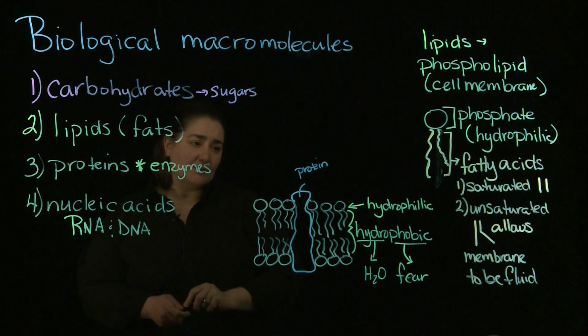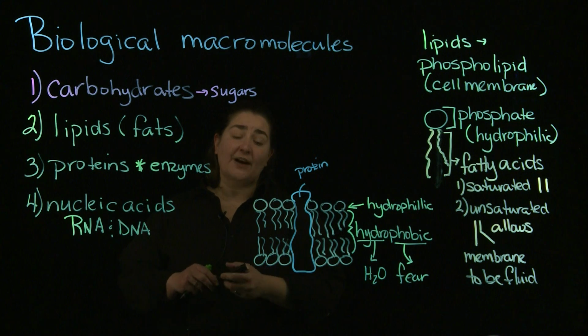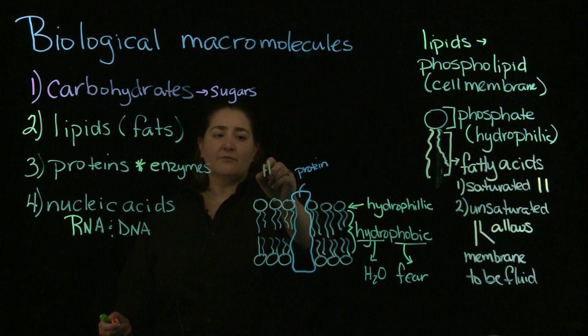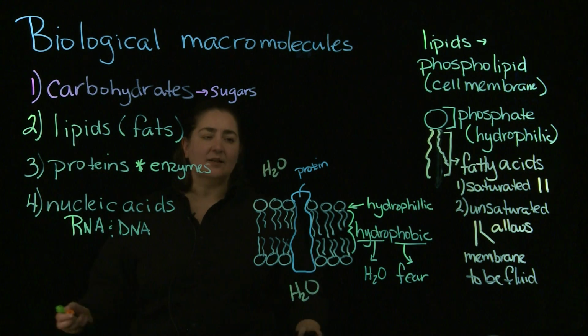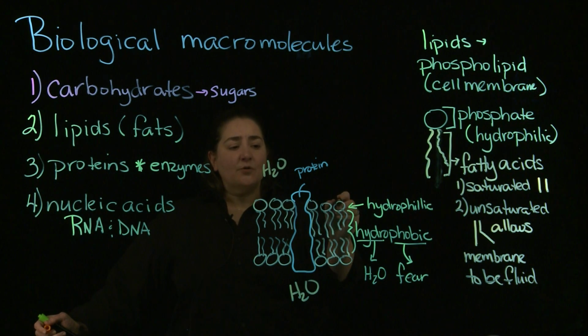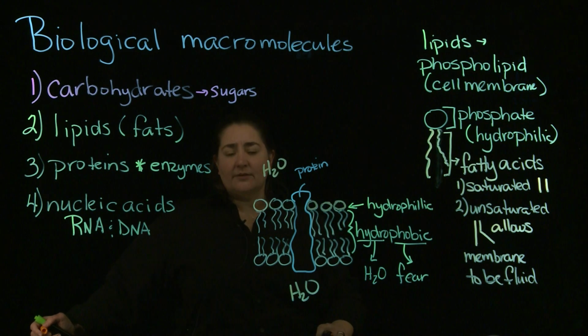And that's okay, because in terms of our environment, we have our water out here, we'll have water on this side of the cell membrane, and those polar heads are good with that hydrophilic environment.